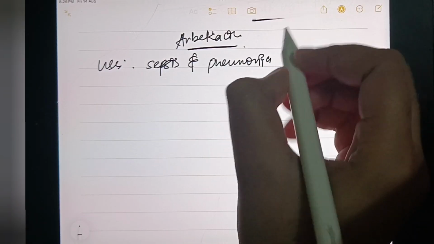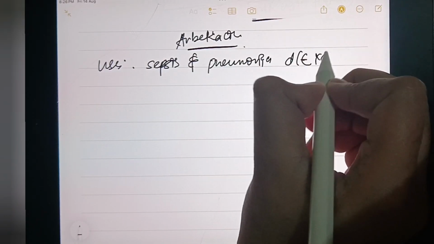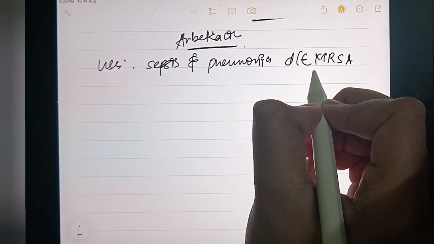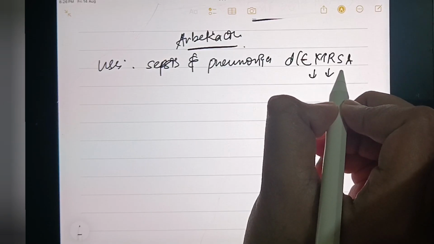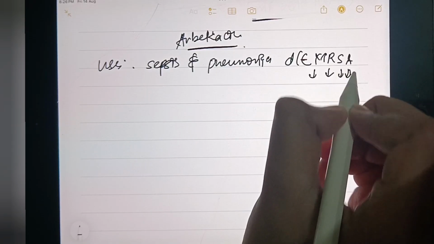due to MRSA, which is methicillin resistant Staphylococcus aureus infection.